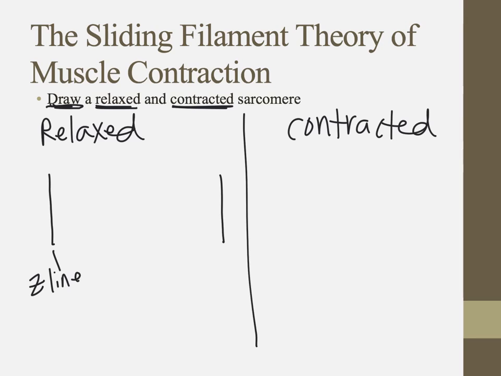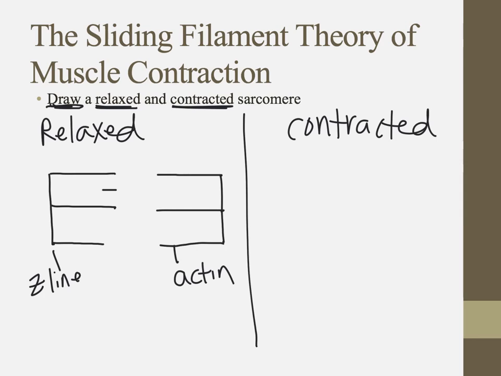Okay, then I'm going to start out with my actin. So actin is pretty skinny, especially compared to myosin. So here's my actin. And myosin is going to be here in the middle, and it's going to be thicker than the actin. And that needs to be in your drawing, okay?